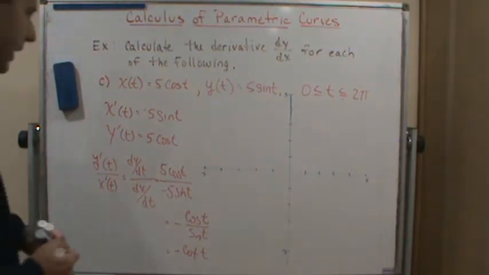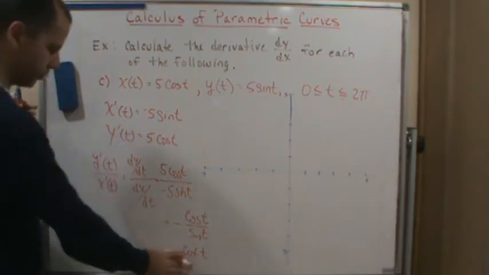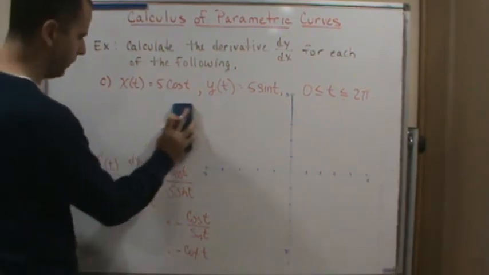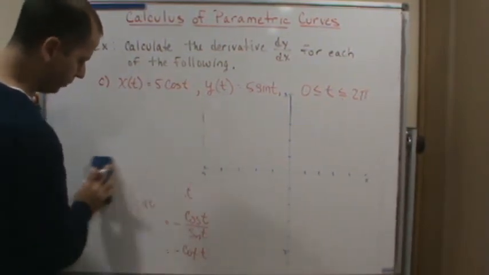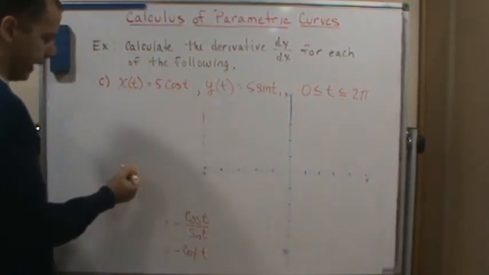Okay, so let's write that down. Where do I want to write that? Let's go back up to here because I don't want to erase the graph. So what do we got?